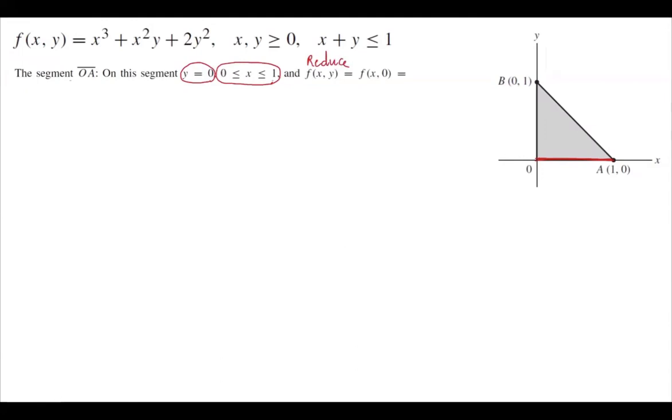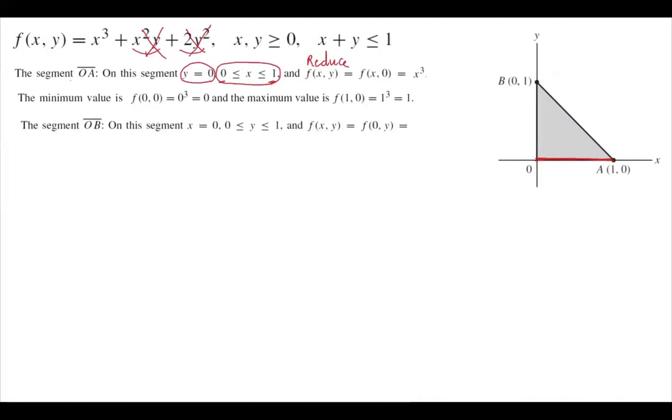So this function, when y is equal to 0, becomes just x cubed. So wherever you see y, you're going to just plug in 0. So these two terms, they just disappear. But x cubed as a function has a minimum value at 0, which is going to be 0, and has a maximum value at 1 and 0, which is just 1. We are looking at the endpoints 0 and 1.